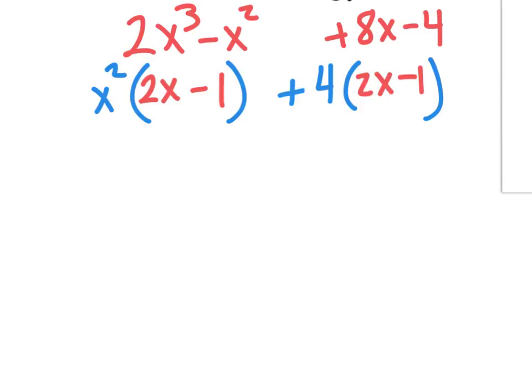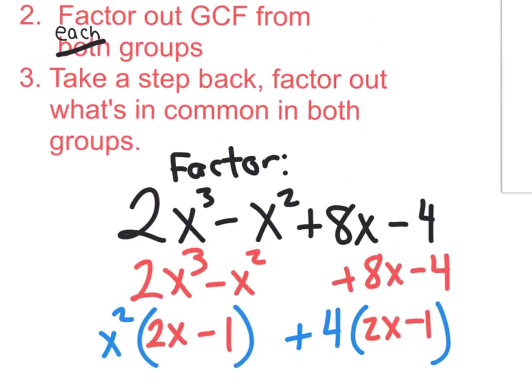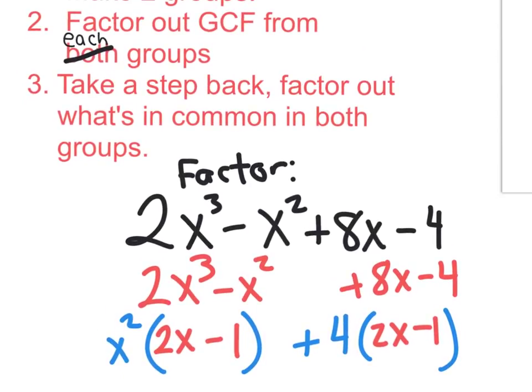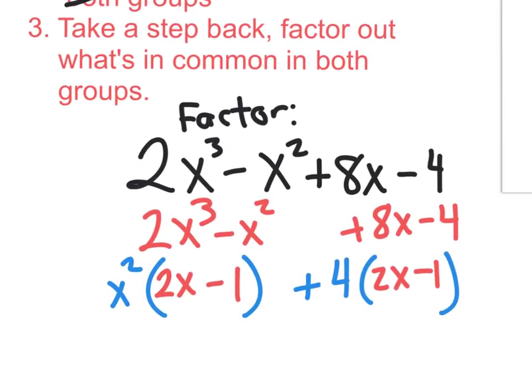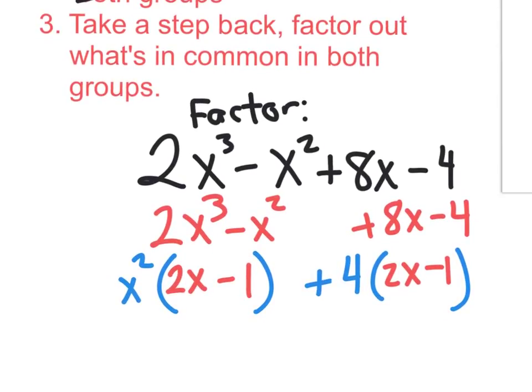So that was the second step. Let's go back to the steps up here. Step 1 was make 2 groups. Step 2, factor out the GCF from each group. So in the first group, the GCF was x squared. In the second group, the GCF was 4. And now take a look at step 3. It says take a step back, factor out what's in common in both groups.